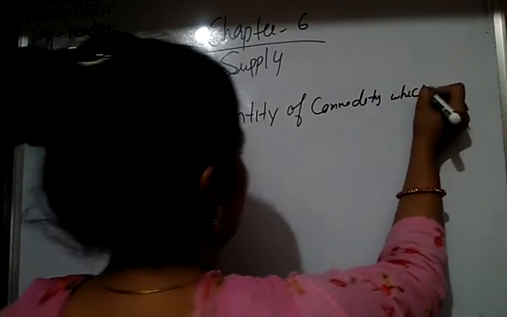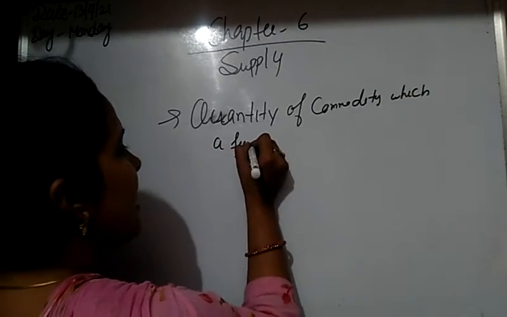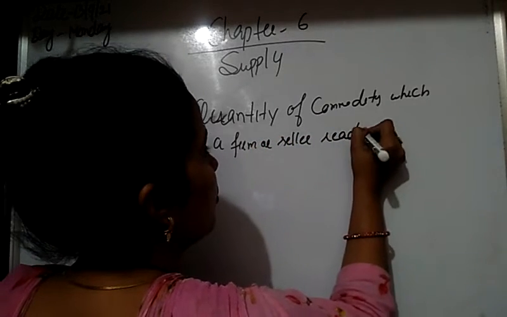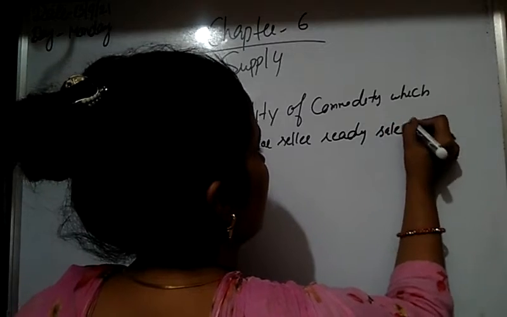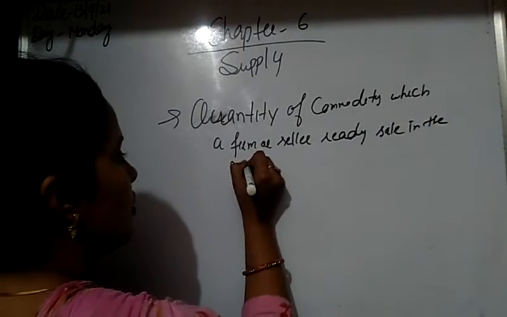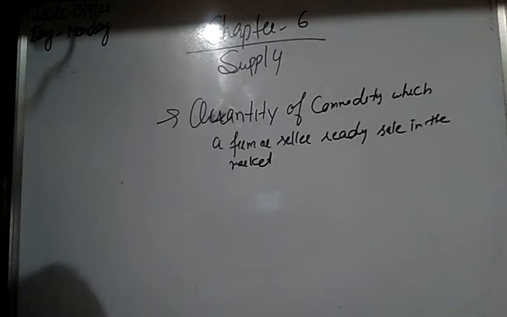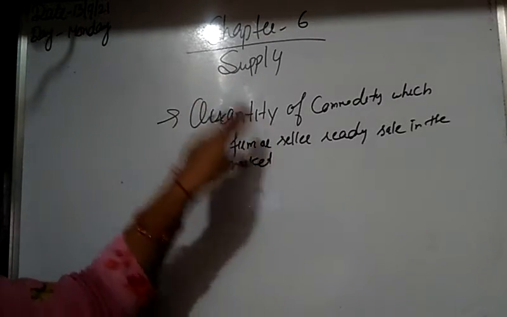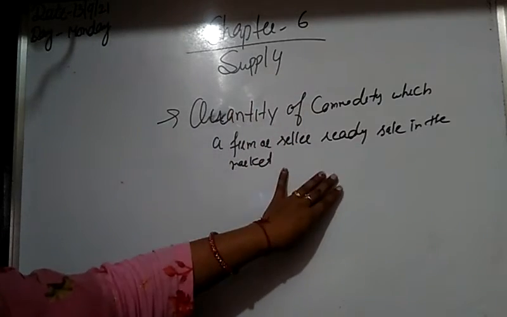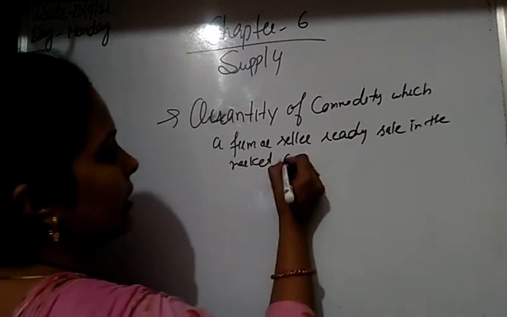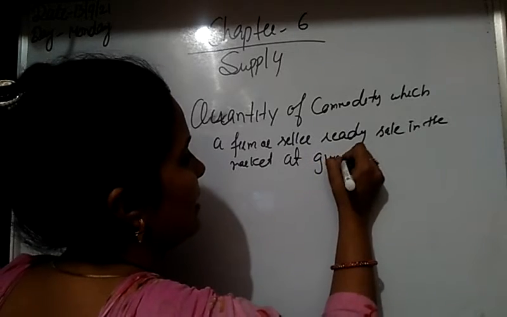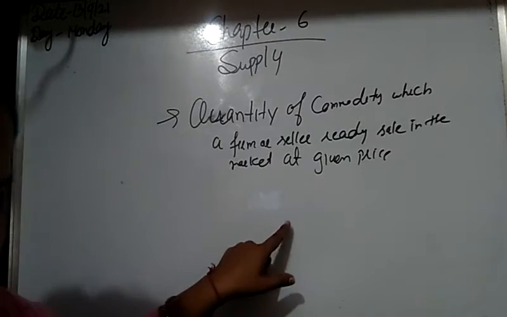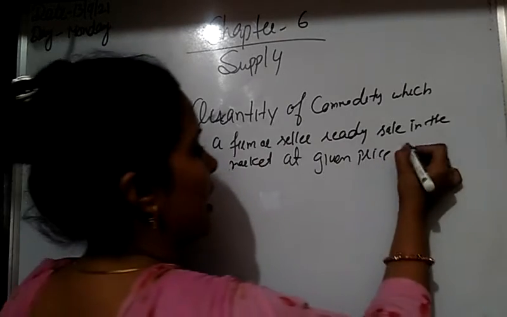It refers to the quantity of a commodity that a firm is willing or ready to sell at a given price. Price is fixed for a particular commodity at a given price during a period of time.